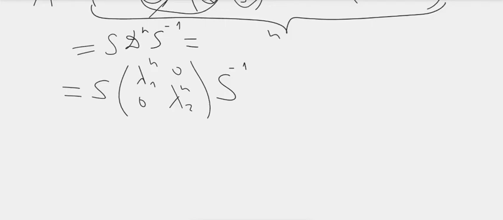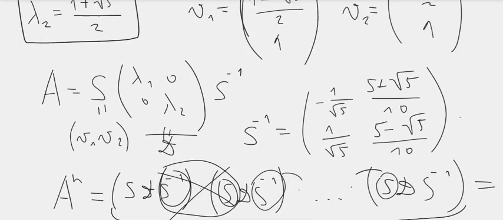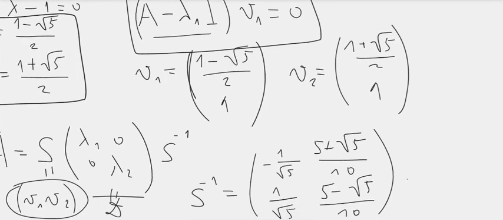Now we need to rewrite the matrices S and S to the power minus 1 in terms of lambda 1 and lambda 2. So let's return here. We see that the matrix S is equal to this. It's V1 and V2, where V1 and V2 are the eigenvectors. So this one and this one, and we notice that they already contain lambda 1 and lambda 2.